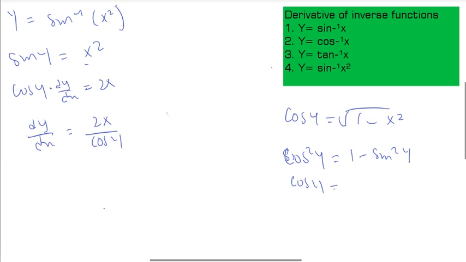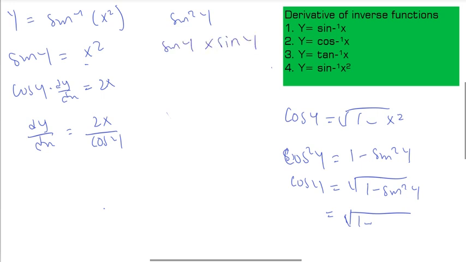Then we have cos y is equal to the root of 1 minus sine square y. Since sine y is equal to x squared, sine square y is equal to sine y times sine y, and this is going to be x squared times x squared, and that's going to be x to the power of 4. So this will be 1 minus x to the power of 4, and then we'll just put 2x over our root 1 minus x to the power of 4.